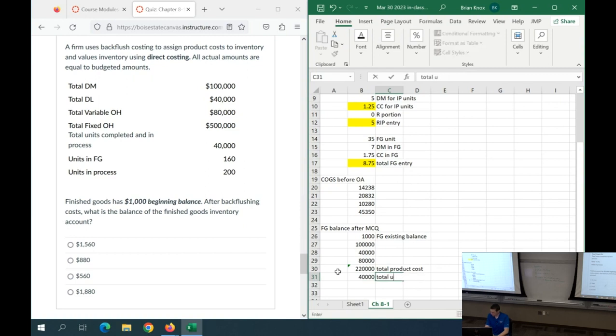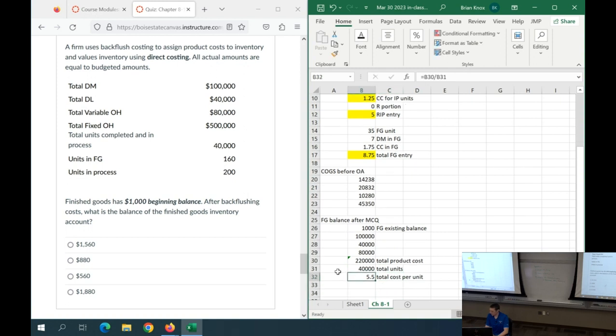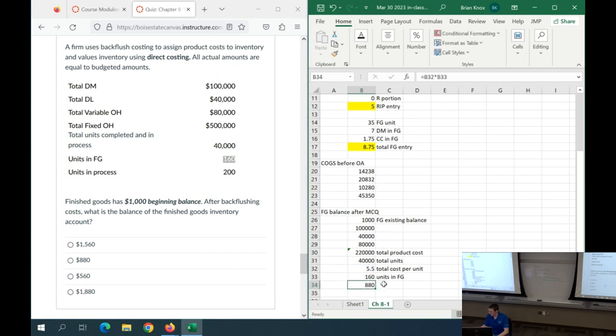Total units, 40,000. 5.5. Total unit cost, $5.50. That's what that means. We have 160 units in finished goods. That's right from the problem right here. So we're just going to multiply those out and get $880.